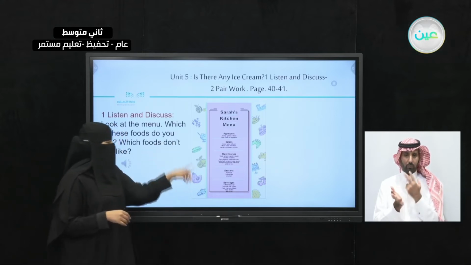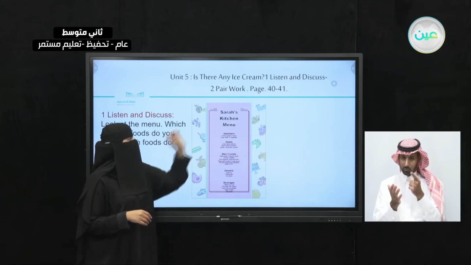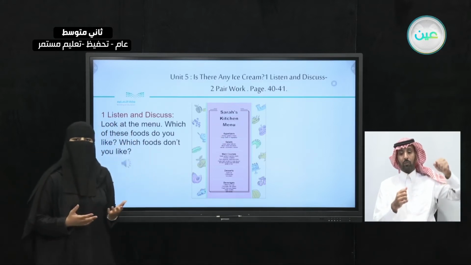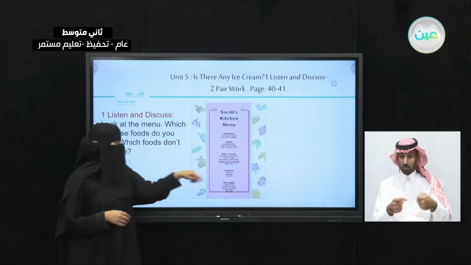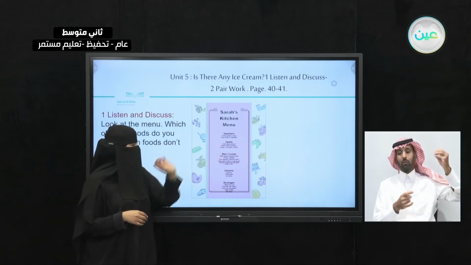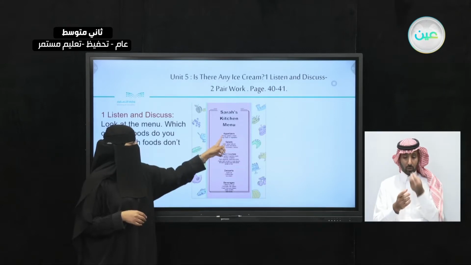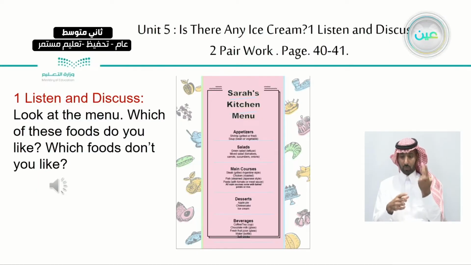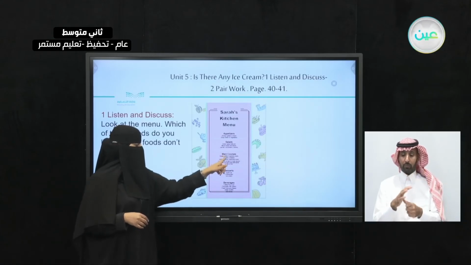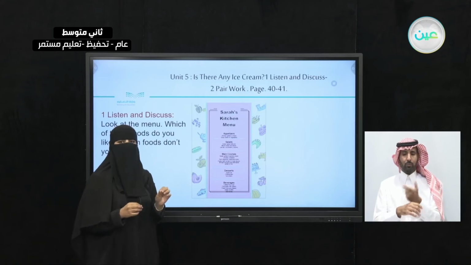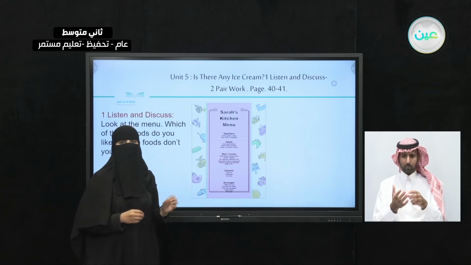Now, this is the menu of Sarah's Kitchen. So the name of this restaurant is Sarah's Kitchen. Now, you can see here all of these things. In the appetizers, they have 2 options. Under the salad, you have some options too. And the main courses, you have some options. And sometimes a description of this meal.